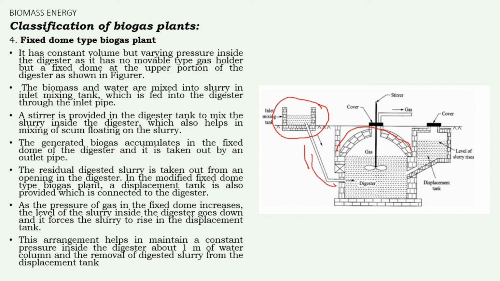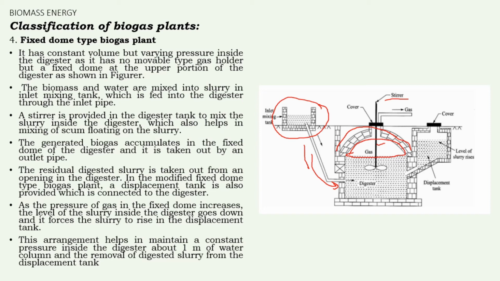A stirrer is provided, you can see this is the stirrer, in the digester tank to mix the slurry inside the digester. It also helps in mixing the scum floating on the slurry. The generated biogas accumulates in the fixed dome. Whatever biogas is formed gets accumulated here, in the fixed dome, and the residual digested slurry is taken out from an opening in the digester in the modified fixed dome.